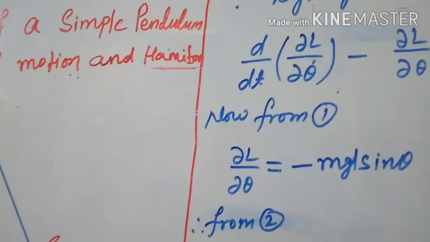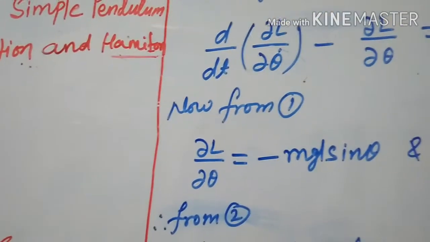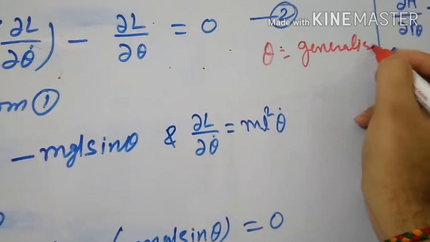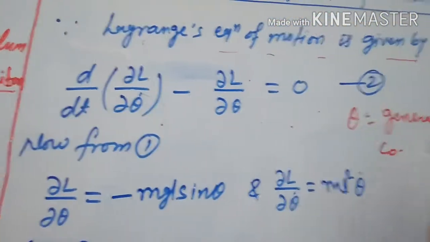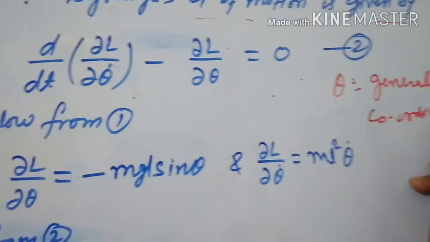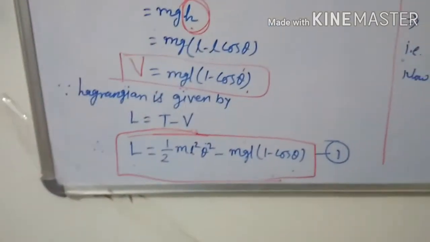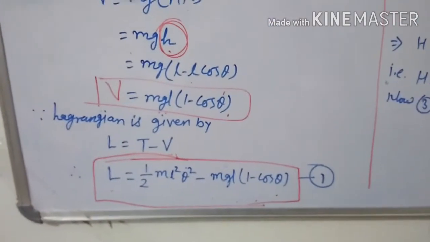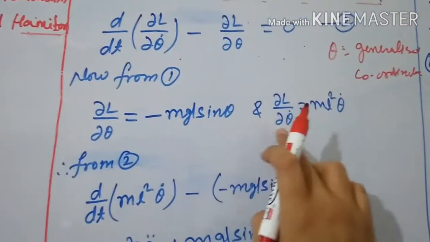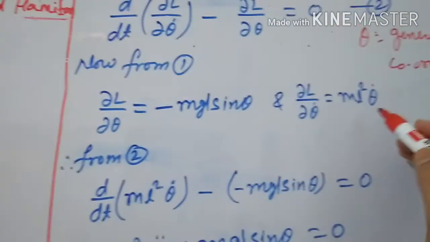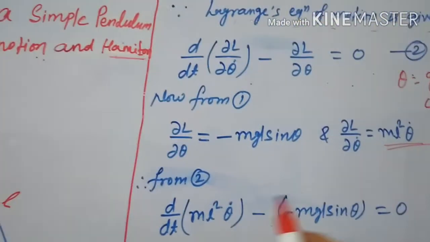Here theta is the generalized coordinate. So from equation number first we differentiate with respect to theta and theta dot. Then we get del L upon del theta is equal to minus mgL sin theta and del L upon del theta dot is equal to m L square theta dot.